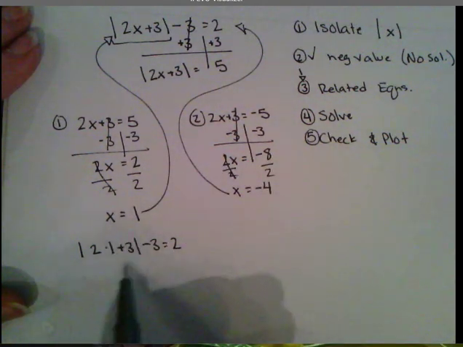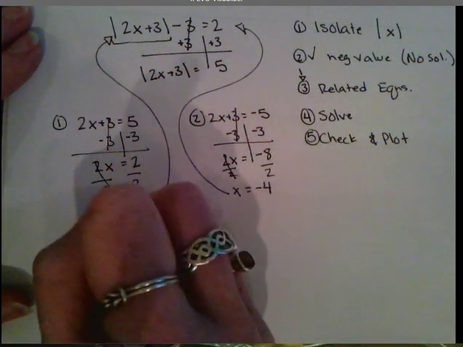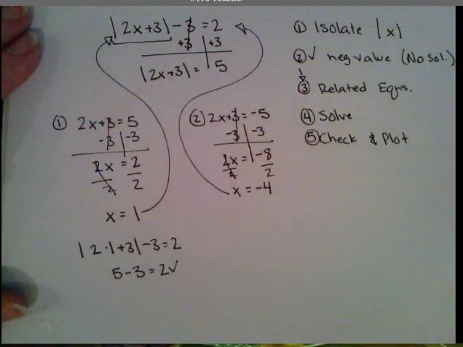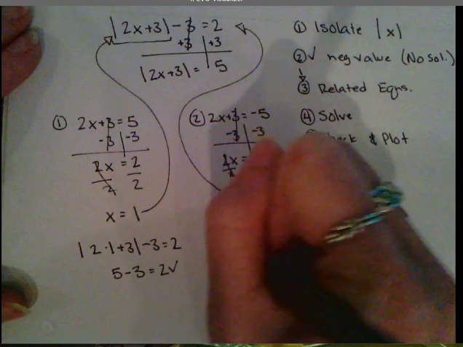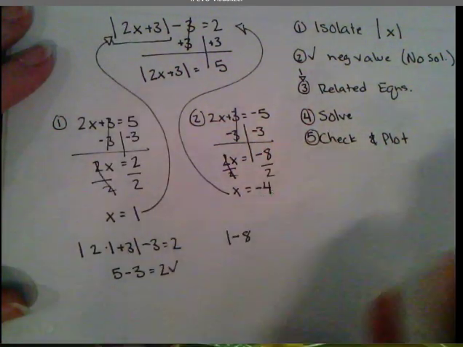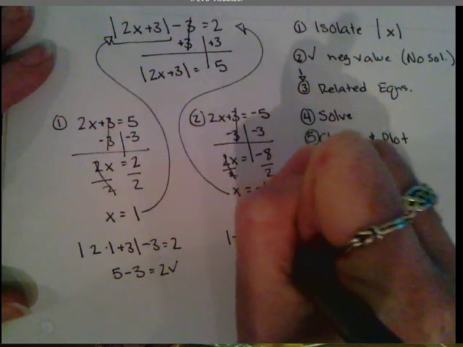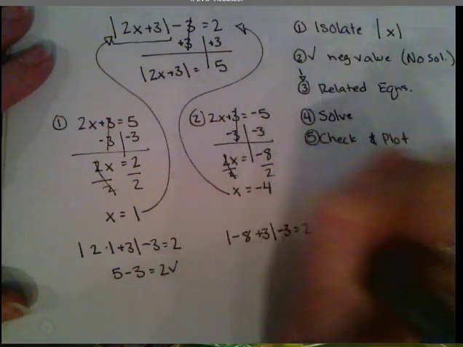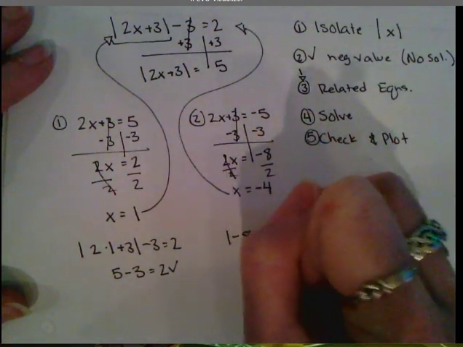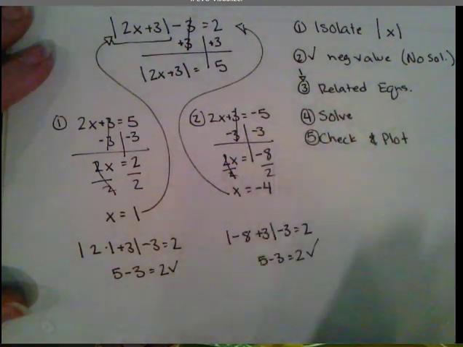Well, that will get me the absolute value of 5 minus 3, which checks out. When I plug in negative 4, we'll end up with a negative 8, because I'll have 2 times negative 4, plus 3. Minus 3 is equal to 2. Well, this will get me the absolute value of negative 5, so once again, we'll be at 5 minus 3 equals 2, which checks out.